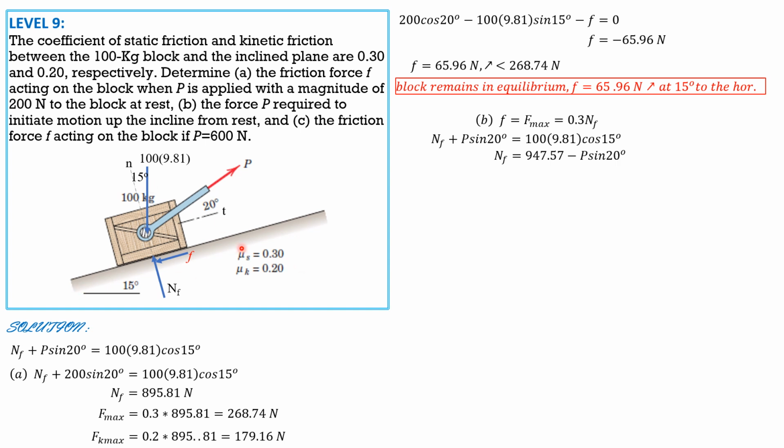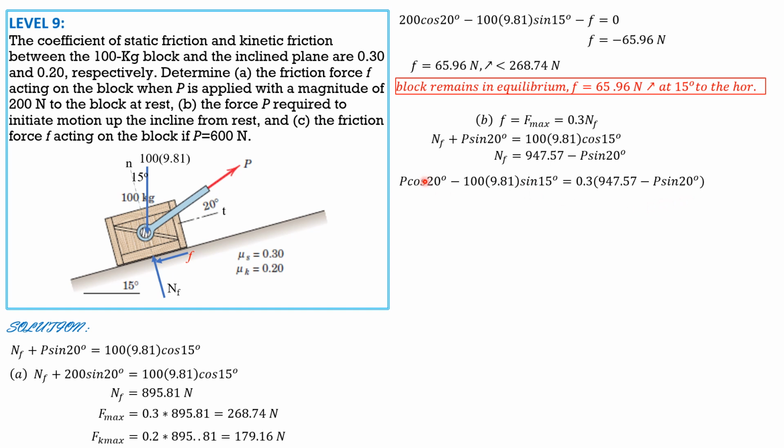Then summation of forces tangential equals 0. Take note that F is F max, 0.3 of normal. So P cosine 20 degrees minus 100 times 9.81 sine 15 degrees minus F equals 0, and F is equal to F max, 0.3 of normal, and normal is 947.57 minus P sine of 20 degrees.